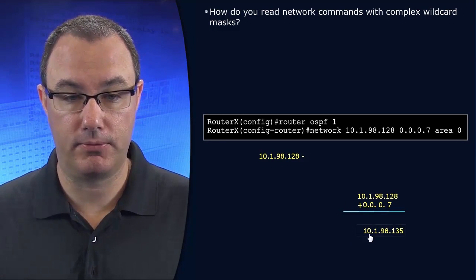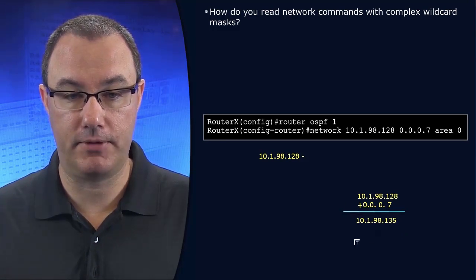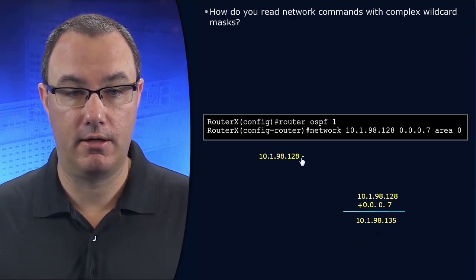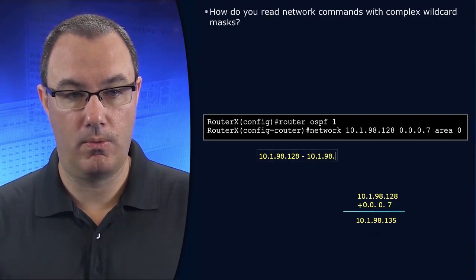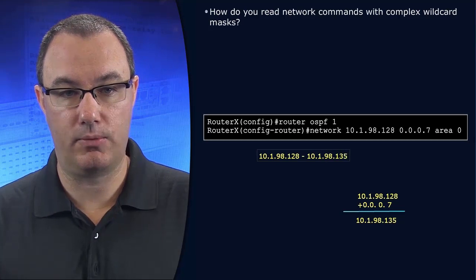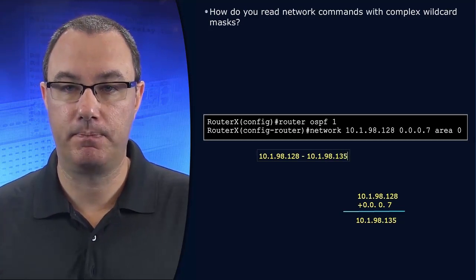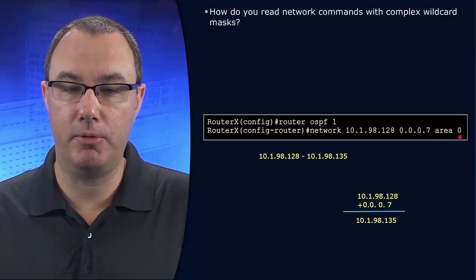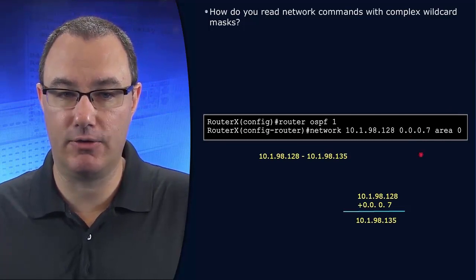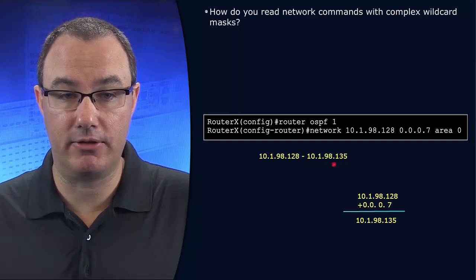So the place where we had to do a little bit of thinking is the final octet. We'll write out the range completely. And so this OSPF network statement says, enable OSPF for area 0 for any interfaces which have an IP address within this space.